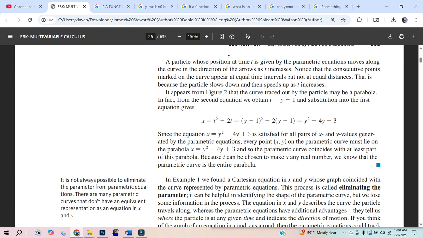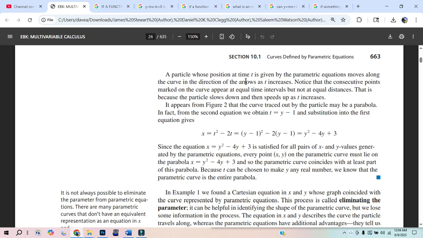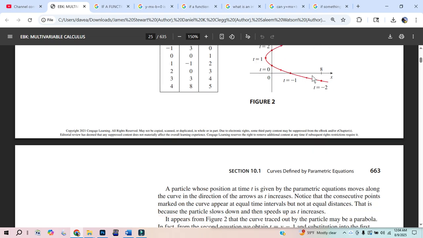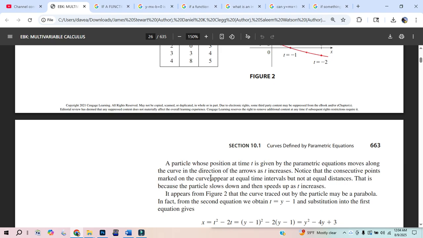A particle whose position at time t is given by the parametric equations moves along the curve in the direction of the arrow, as t increases.